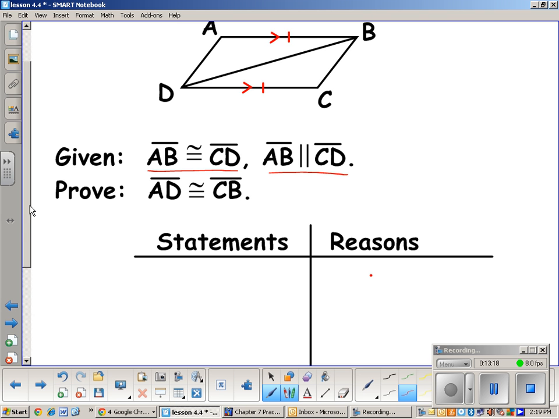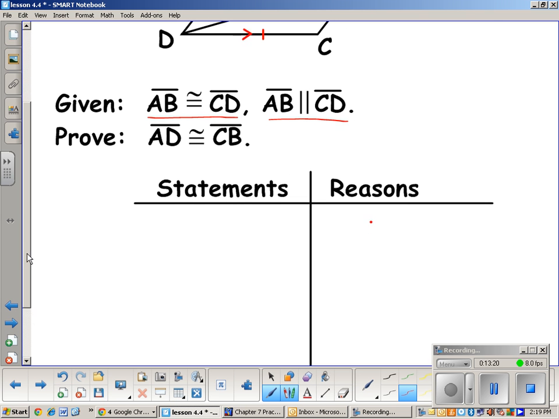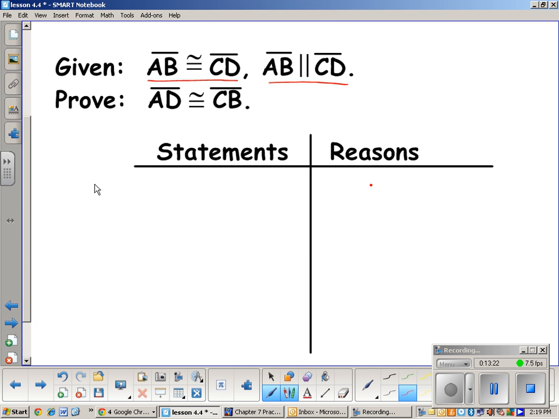Okay, so when you're writing a two-column proof, the first step is almost always just write down what they gave us. And so we're going to rehash what this said. Please don't take the lazy route, draw a circle and an arrow over here. That doesn't work well for you or me. Okay?